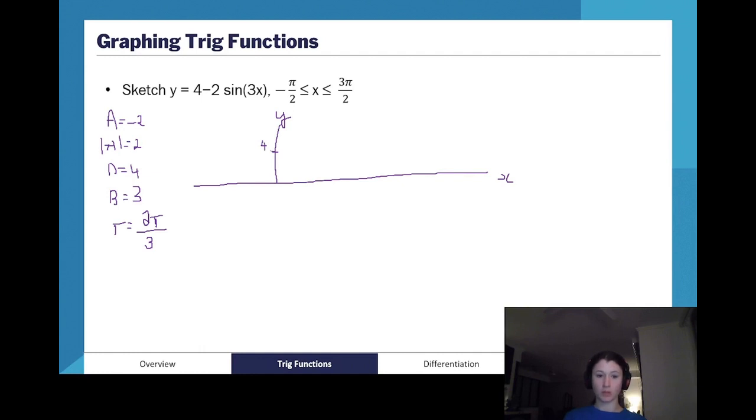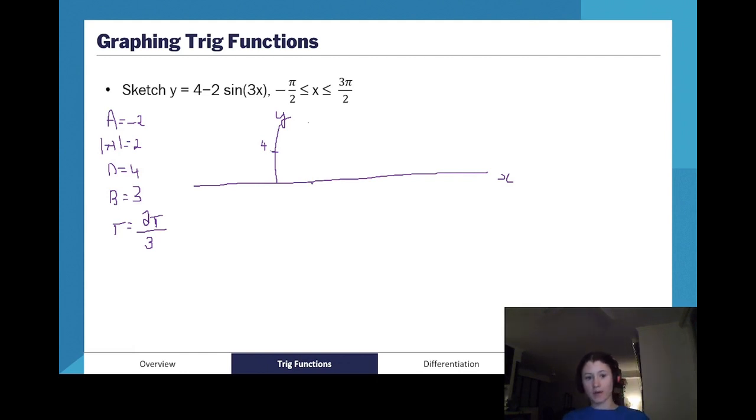So this is the equilibrium line that our curve will sit on. And our amplitude is 2. So our curve will be going up to here and down to the x-axis here.